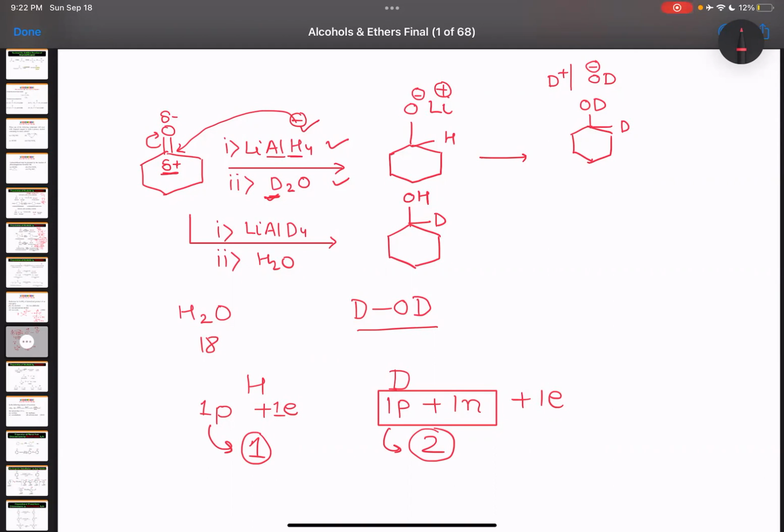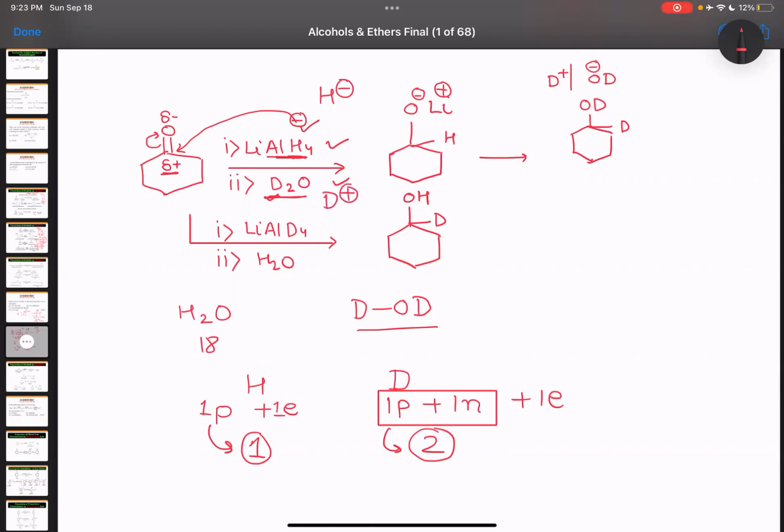So actually, this is known as isotopic labeling technique in order to understand the mechanism in detail. So which hydrogen is getting added from the aluminum? Aluminum is a metal, so whatever hydrogen is there with the aluminum, that is H minus. And whatever hydrogen is there in the form of water or D2O, that is D plus.